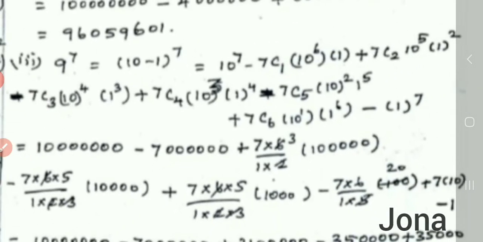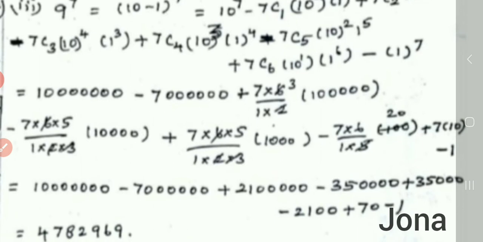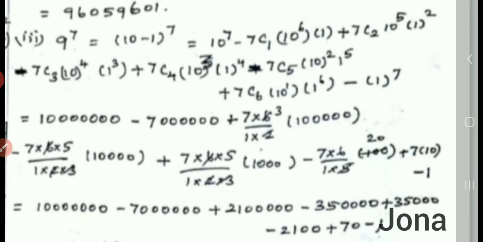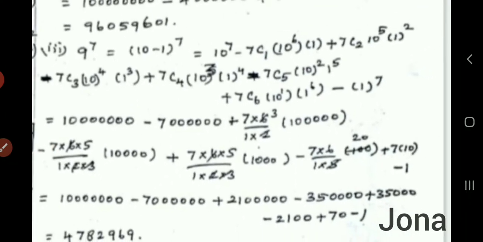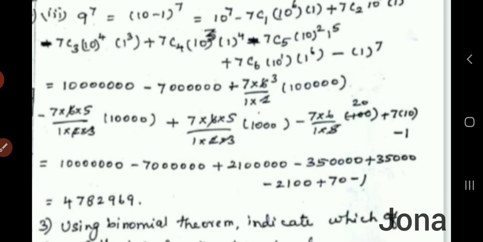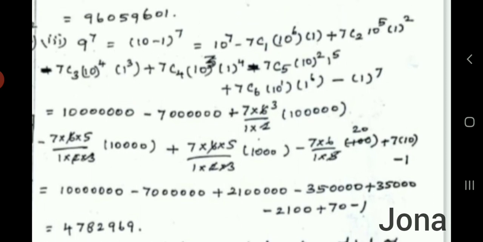Third division, 9⁷. That 9⁷ can be written as 10 minus 1.